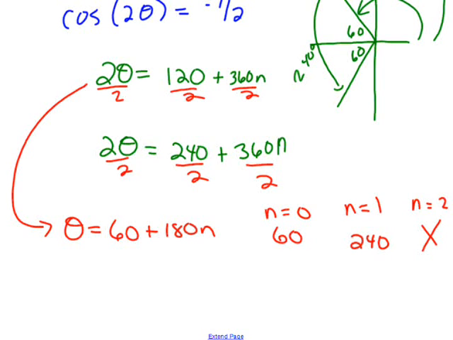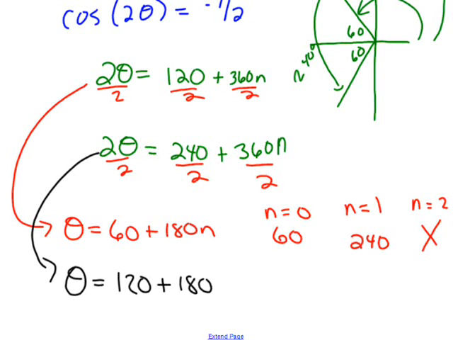Okay, so then I look at the second one. I'm going to have theta equals 240 divided by 2, which is 120, plus 180n. Pick the same values for n, so n is 0, I'm going to be looking at 120. And if I pick 1, I'm going to be looking at 300.